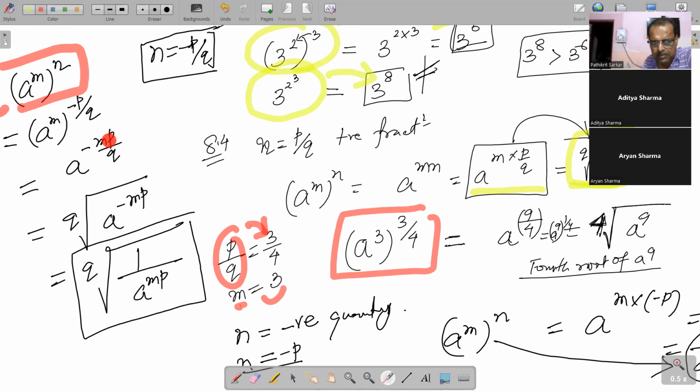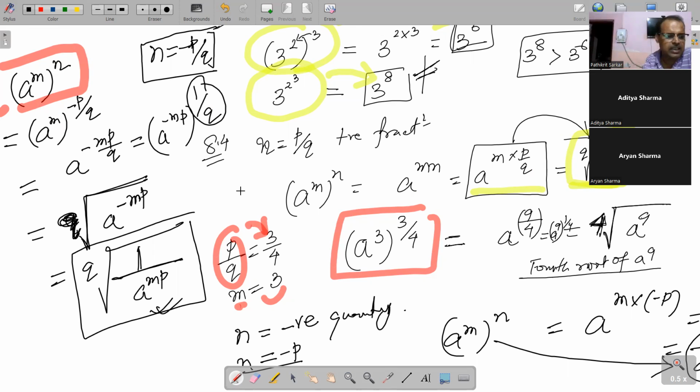And if I take 1 by q common, I can represent this in the form of a to the power minus mp whole to the power 1 by q. So this 1 by q has been taken over here. So the qth root of a to the power minus mp is equal to 1 by a to the power mp. This is the way we can represent this entire thing.